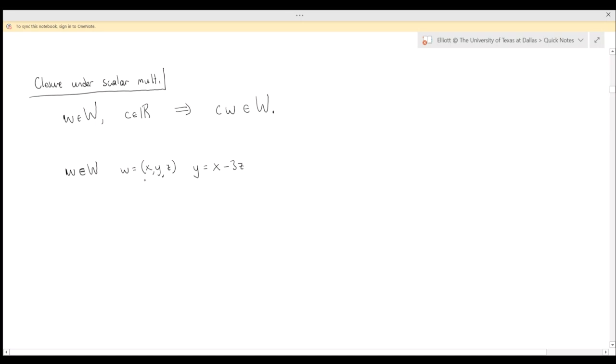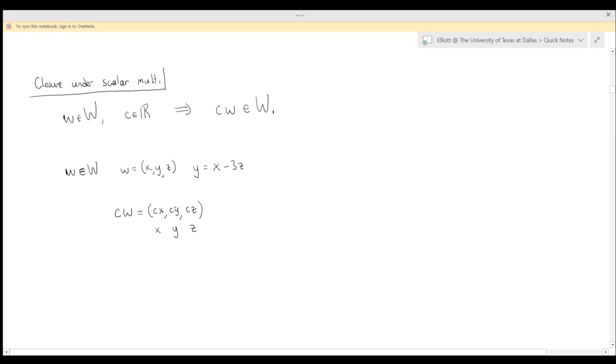So then, assuming we have a vector satisfying that condition, if we multiply this vector by a scalar, we know that would just multiply the scalar to each component. That gives us a new x-coordinate, a new y-coordinate, and a new z-coordinate for the vector CW.